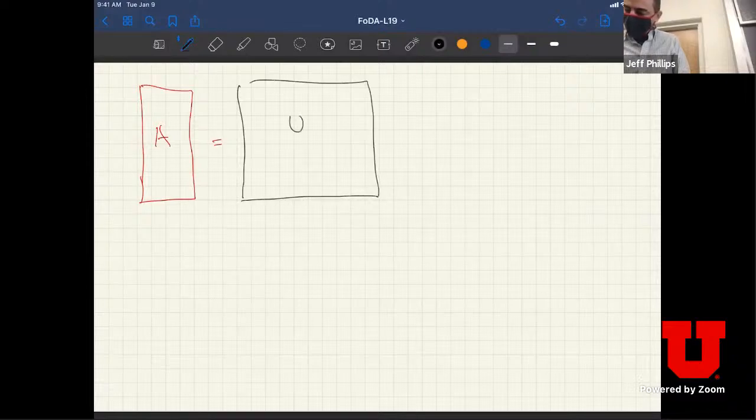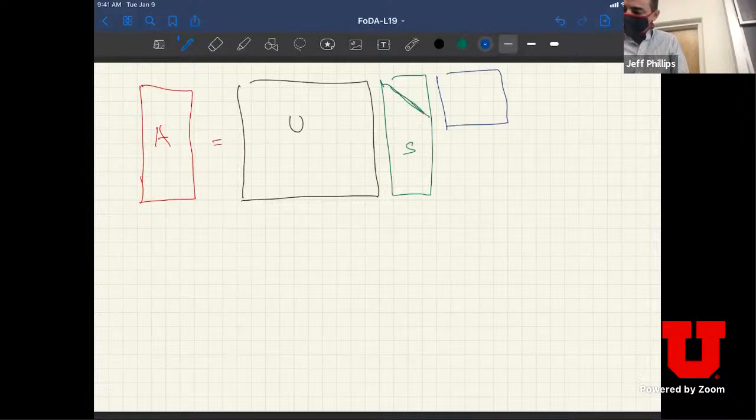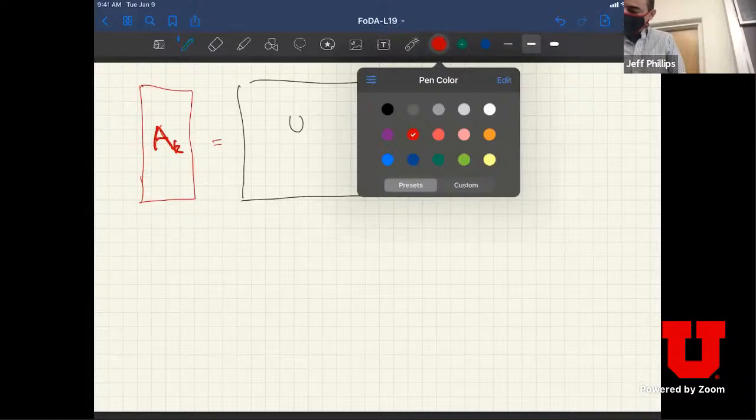This is U, this is S, and only the diagonal is interesting. And this is V transpose. Now I want to switch this up and get a best rank k approximation. Let me make a couple of observations here.